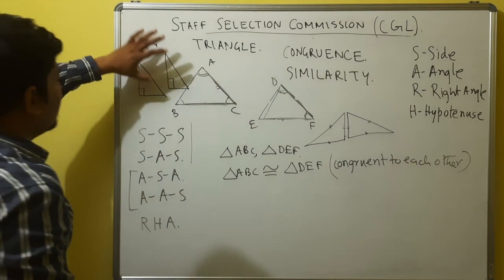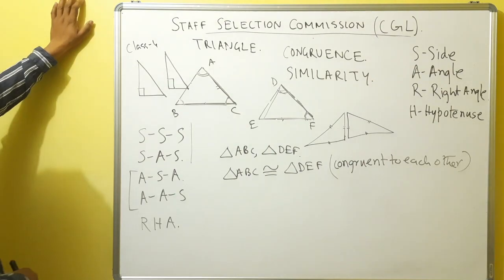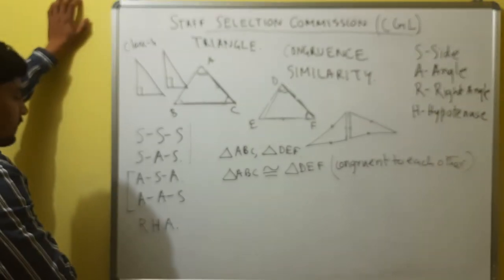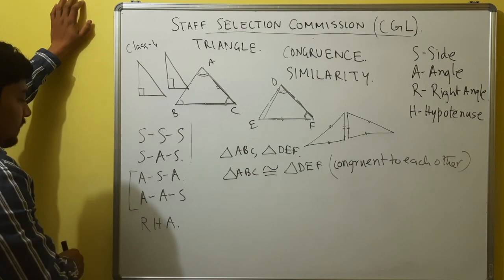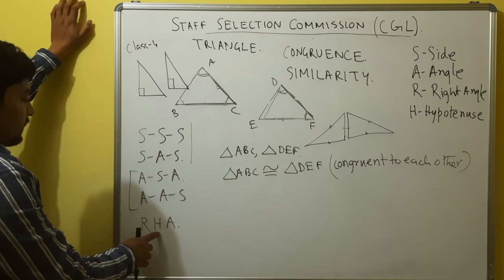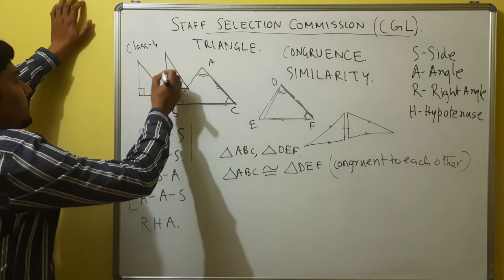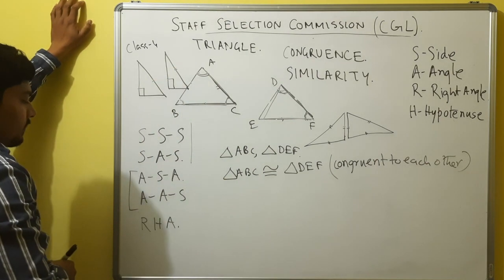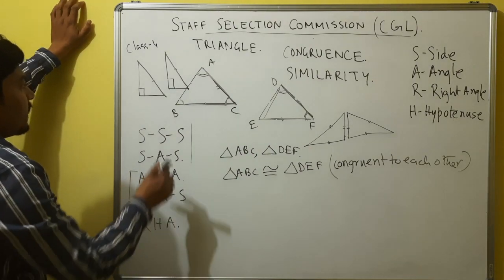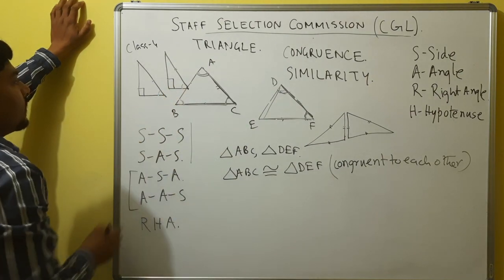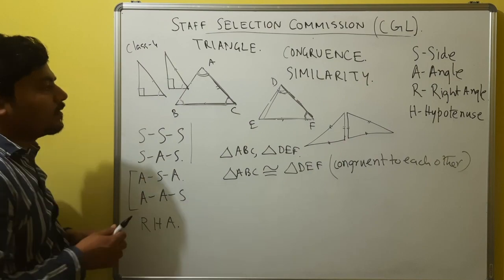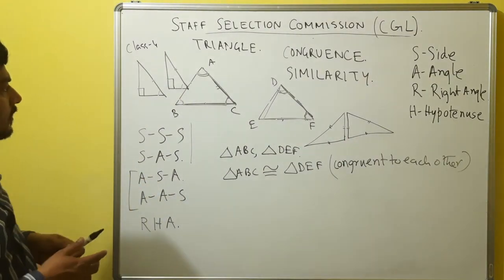RHA means if two triangles have one right angle, and they have hypotenuses the same, and the other angles are also the same, then also these two are called congruent to each other. Okay, that's the case.